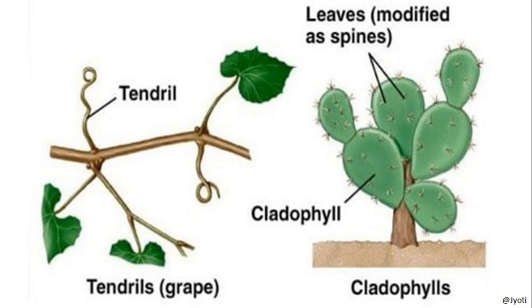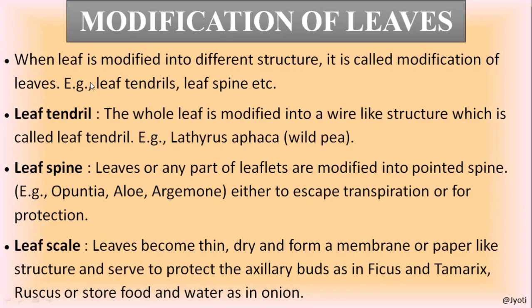Here I have given the example of grape. Here the normal leaves are there, and besides the normal leaves, some leaves are also modified into tendrils. The whole leaf is a tendril-like structure. And you know that in grape the stem is weak and it always climbs up some support. So the tendril helps the plant to climb up the support.